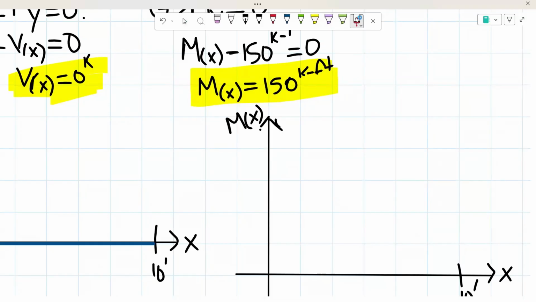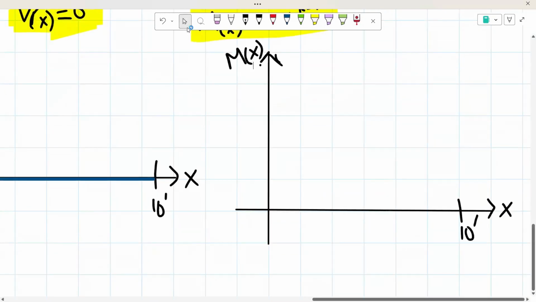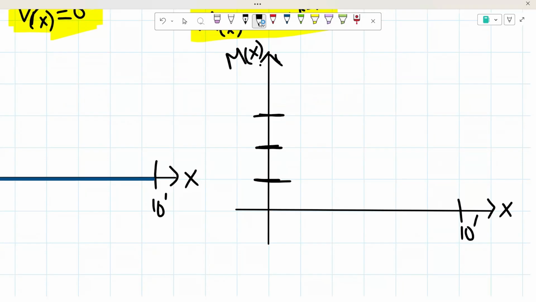If there was a variable right there, that's where we would be inputting the value to see what's the value for our moment at each length. But as you could see, it is going to be a constant. So our moment diagram is going to be looking like this. We're going to assume that this is 50 kip feet, this is 100 kip feet, and this is 150 kip feet. So our moment diagram is constant throughout the whole beam. And we're just going to annotate that right here is 150 kip feet.